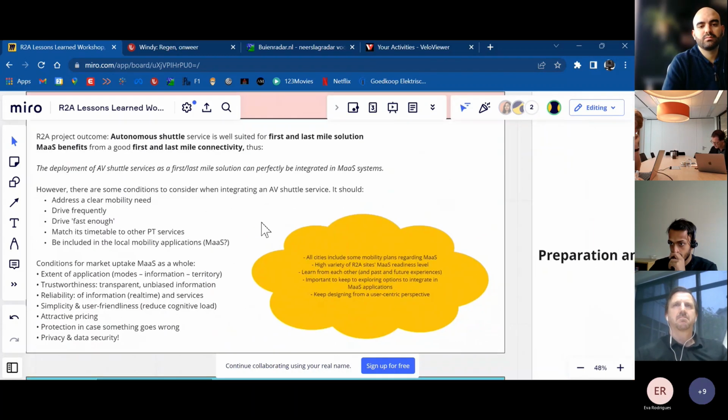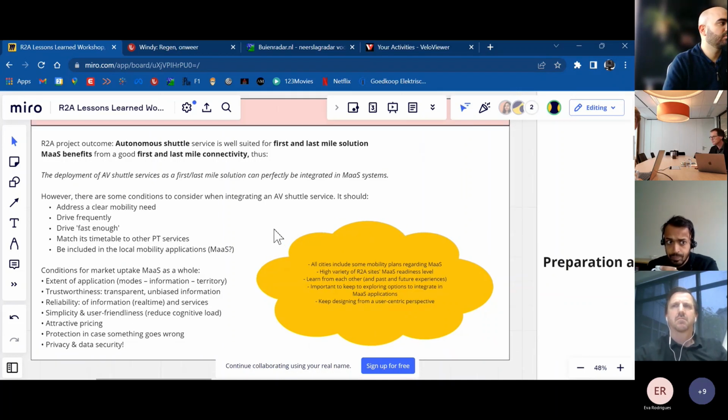What I really tried to do is extract from all the pilot sites the main lessons learned regarding mobility as a service. I think that all sites and cities have included some mobility plans in their mobility vision regarding mobility as a service, to make the connectivity as good as possible and provide enough options for travelers.